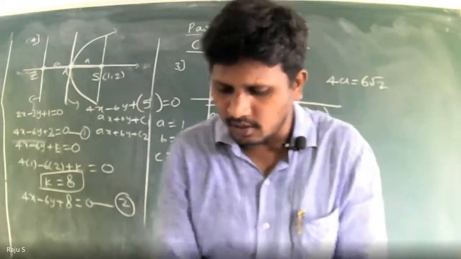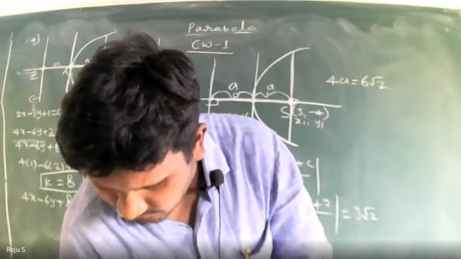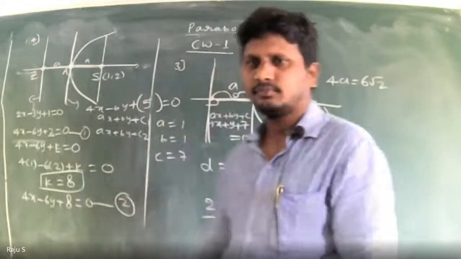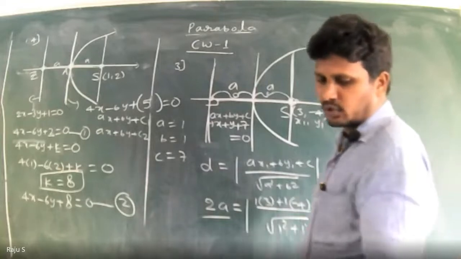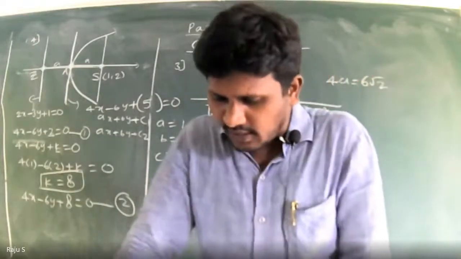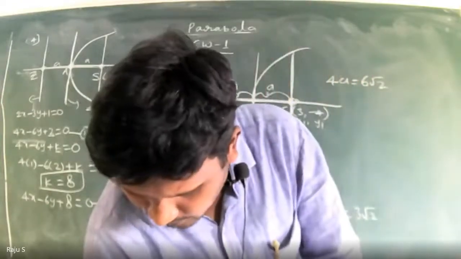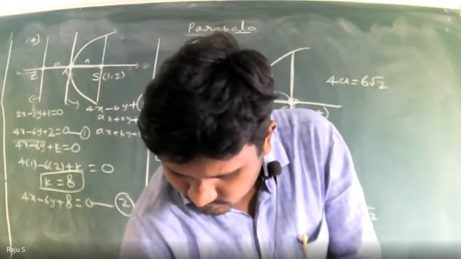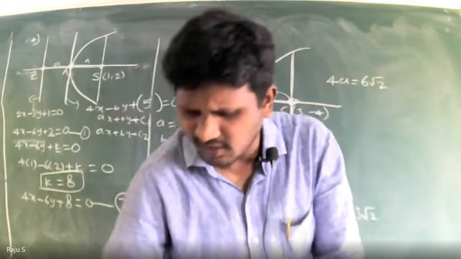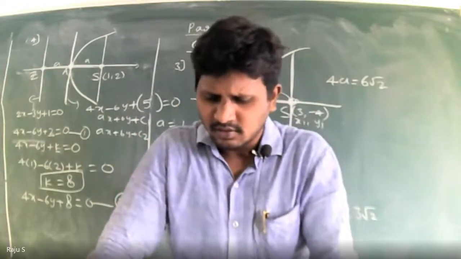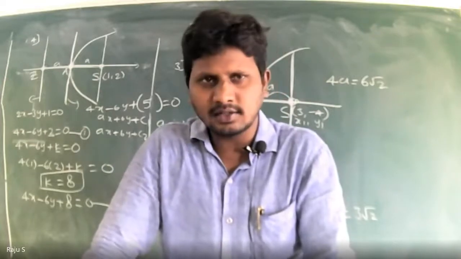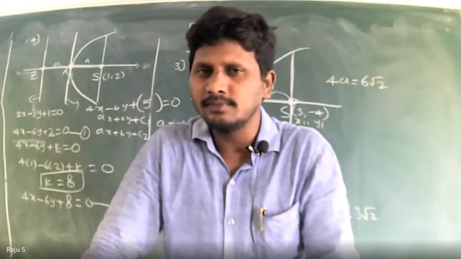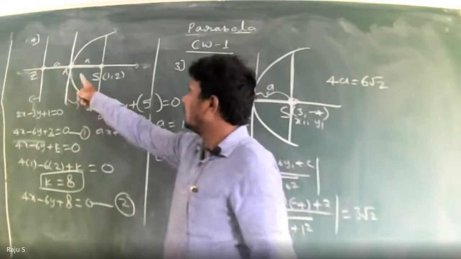Can anyone try the next one, fifth question? The focus and directrix of a parabola are given, and they are asking for the point of the vertex.